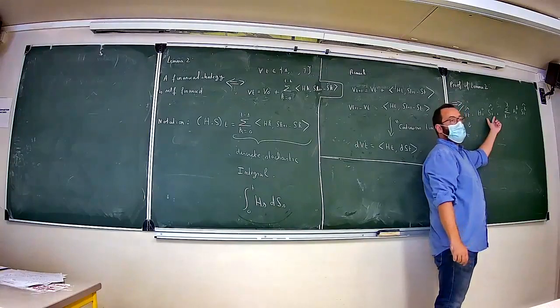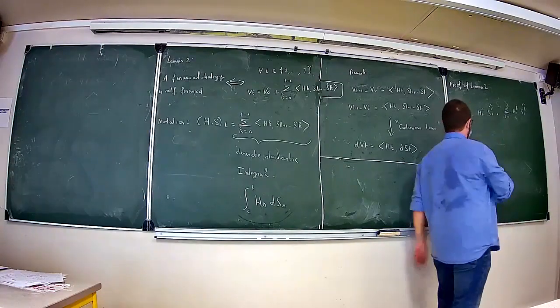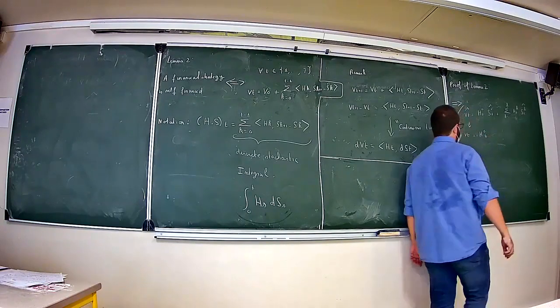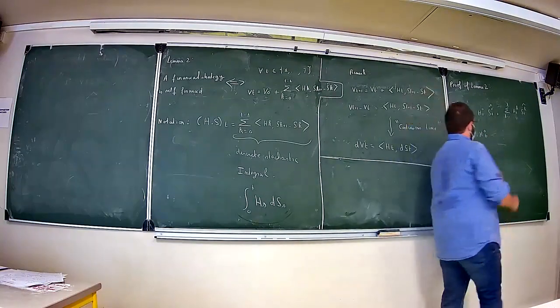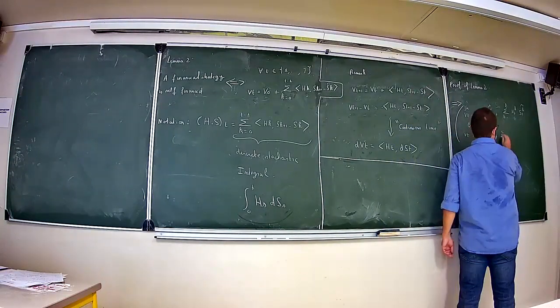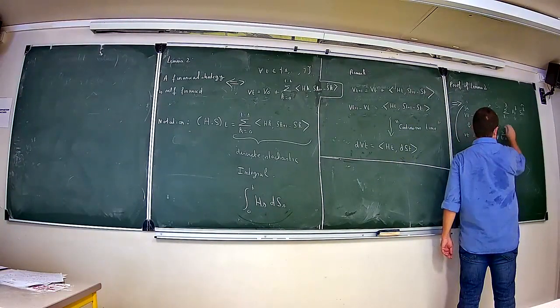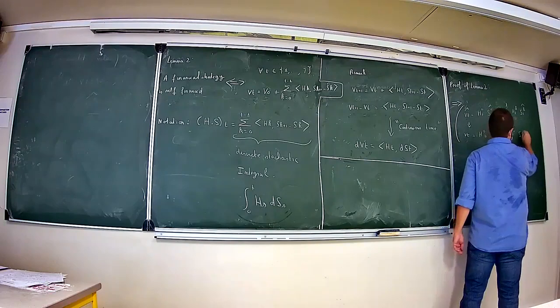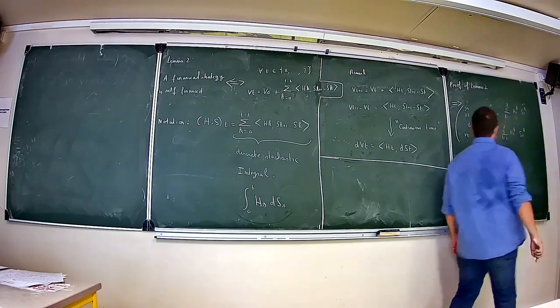Here I have simplification by S0t hat, so this is equal to H0t plus the sum from k equal to 1 to d of Htk Stk.